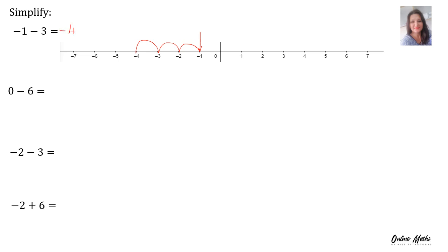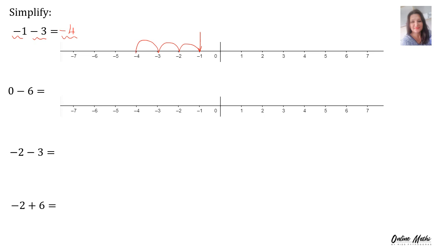So the short way, you owe me 1, you owe me 3, therefore you owe me 4, negative 4. The second one, 0 minus 6. So there is 0, minus means go to the left, 1, 2, 3, 4, 5, 6. So the answer 0 minus 6 is minus 6.